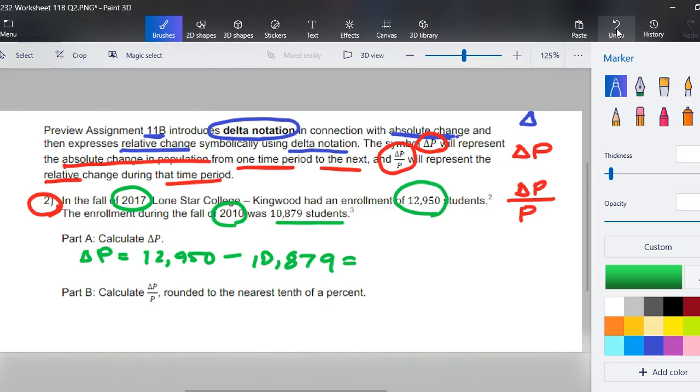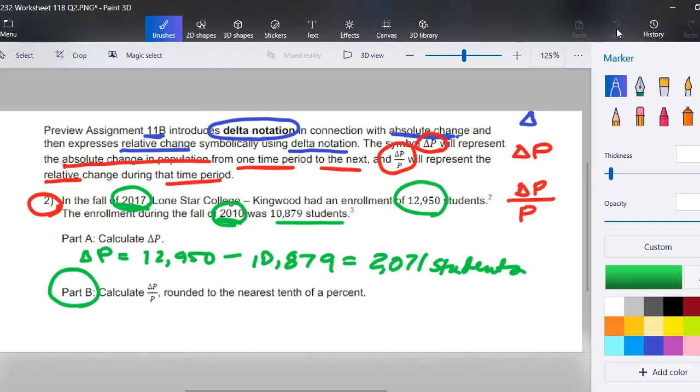Let's subtract where we began in this particular problem, 10,879, and our delta P is 2,071. It's always good to tell yourself what you just calculated: this is the number of students of growth from 2010 to 2017.